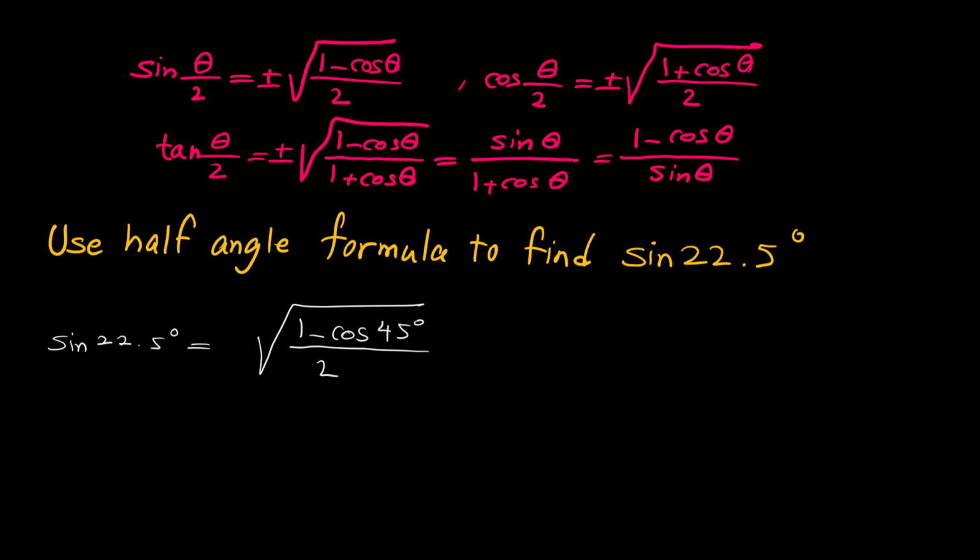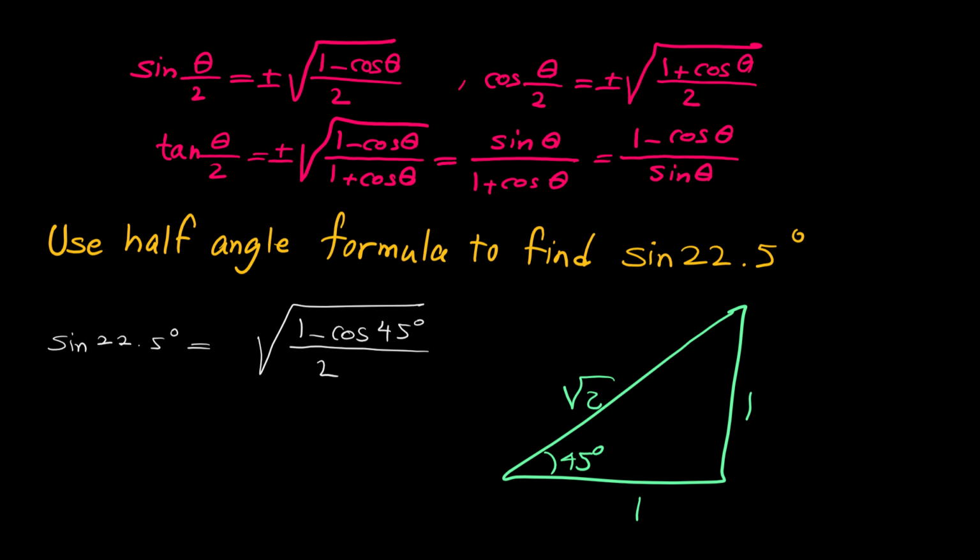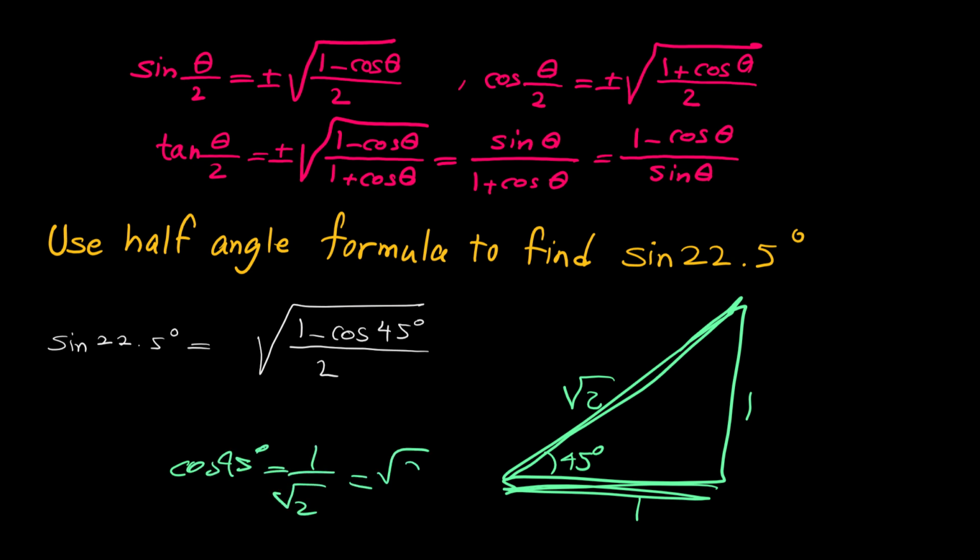And from special triangles, we know that cosine of 45 degrees is radical 2 over 2. Let me remind you, if here is 45, 1, 1, root 2. Cosine is adjacent over hypotenuse, so cosine of 45 is 1 over radical 2, or radical 2 over 2, because 1 over radical 2 is radical 2 over 2.